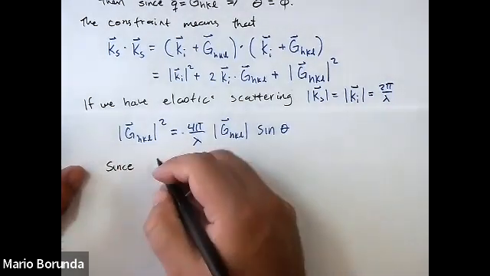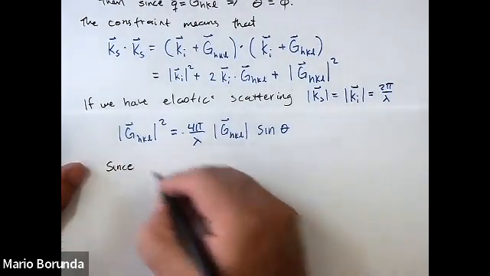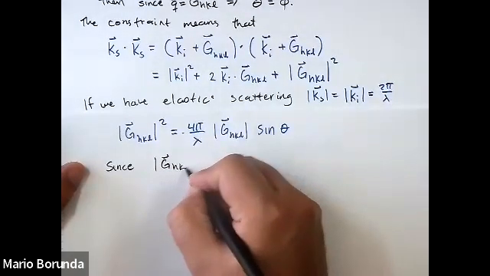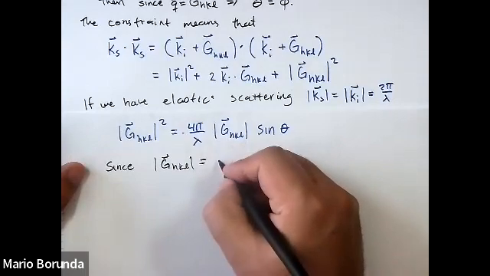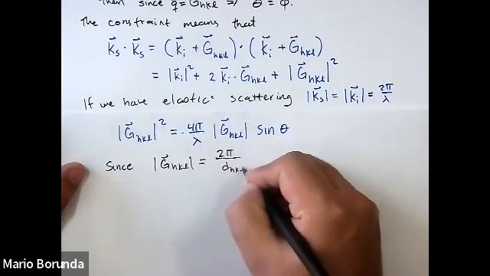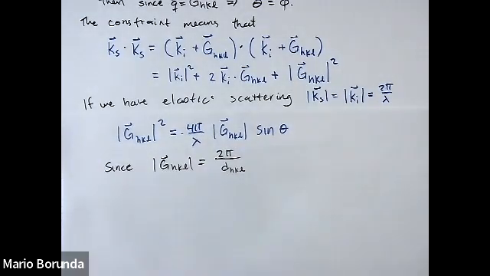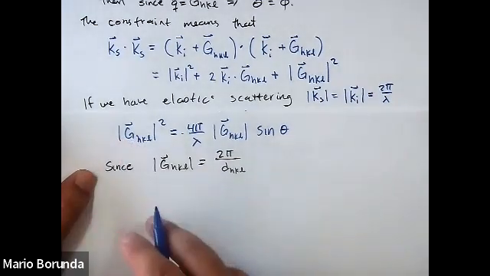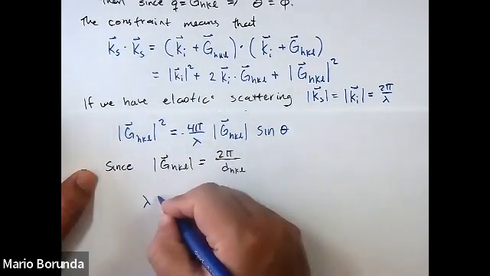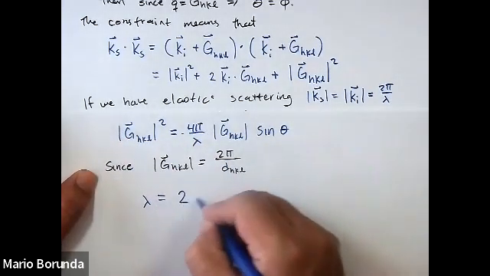So then I can rewrite all of this, since from the Miller index discussion, we had that this guy is equal to 2 pi divided by d_HKL. That's the size of the vector, right? We now take the lambda to one side and we get 2.